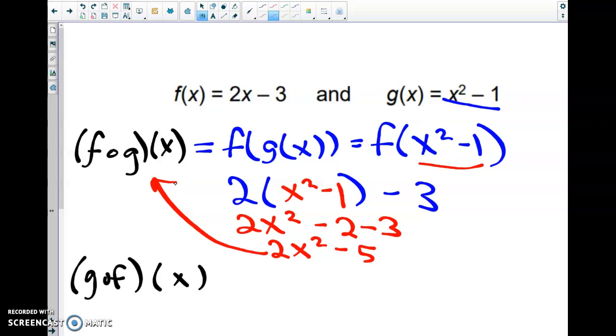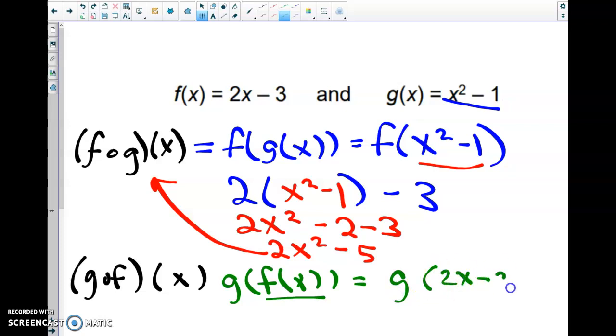Go ahead and take a minute and hit pause and find the bottom one, g of f of x. If you had any trouble, for g of f of x, you're doing g parentheses f of x. You are plugging in, always go from the inside out, so 2x minus 3. This one is a little bit more challenging because you are squaring the 2x minus 3.